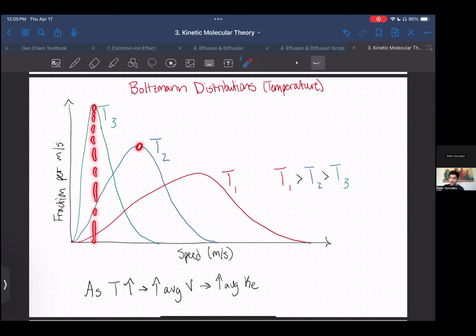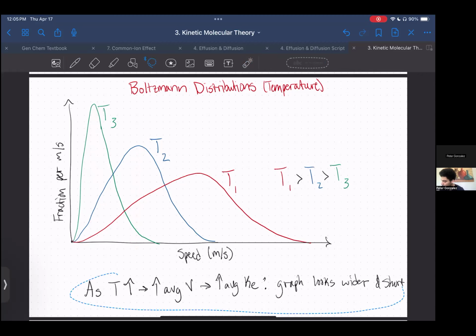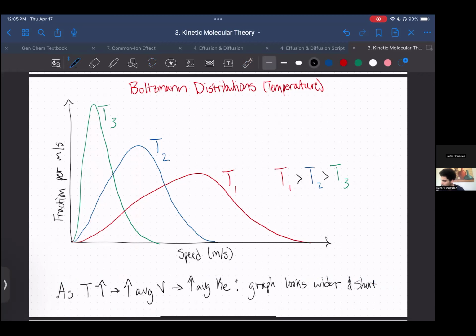At T2, we have less of the gas at this one speed, but it is a faster speed. So overall, as temperature increases, the graph looks wider and shorter. So it widens and shortens. I'm gonna move this over a little. It gets wider and shorter.